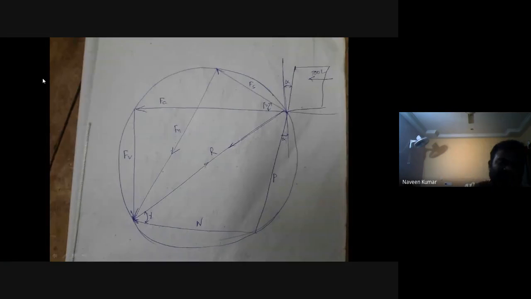Now look at the screen. See here, beta is the shear angle. This is Fs. Fs is shear force, Fc cutting force, Fe feed force or thrust force, R resultant force, and Fn is force normal to shear force, and P is frictional force, N is normal force, gamma friction angle, beta shear angle, alpha rake angle. First, you draw this diagram. This is the Merchant's circle diagram. Draw this diagram neatly.